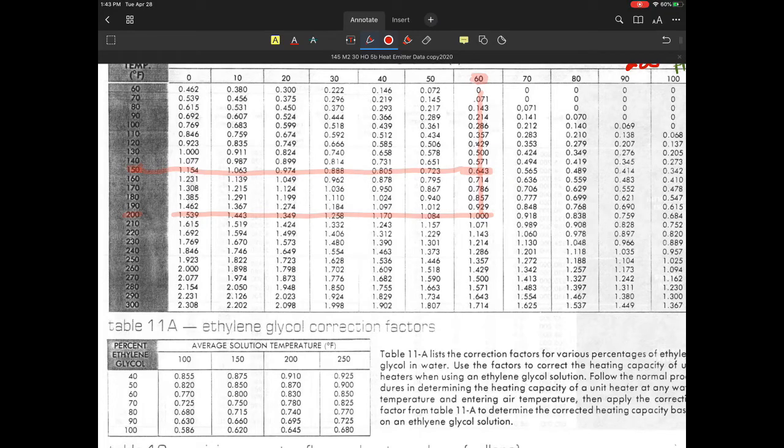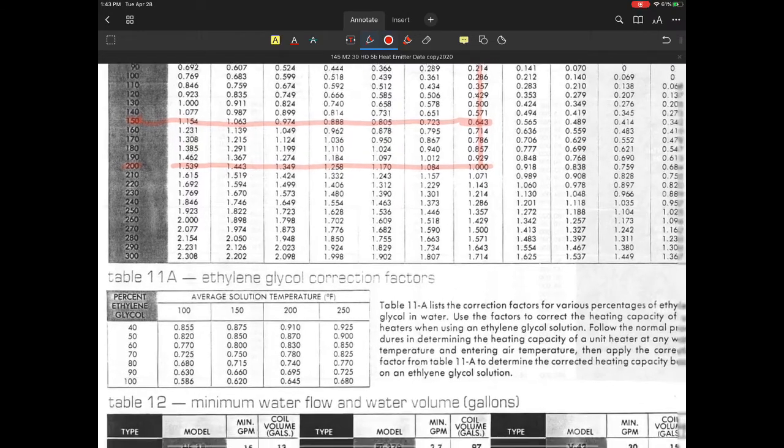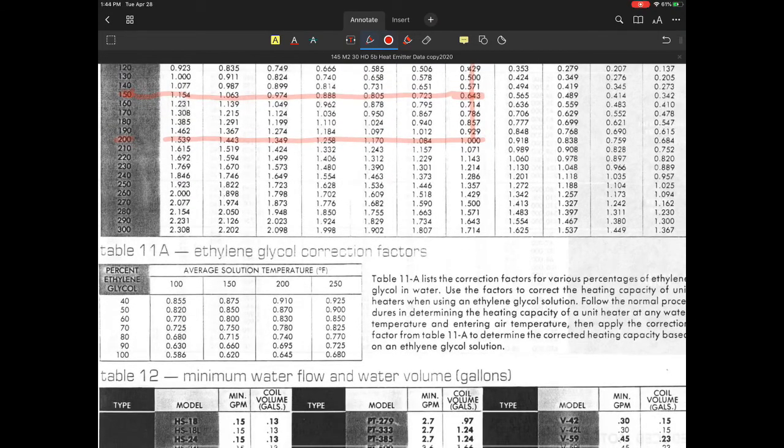So what if you get a customer that decides, you know what, I want to run glycol, or I want to run a certain type of a glycol. Well, the performance factor of glycols also would have some impact on that. And this is true of all systems.